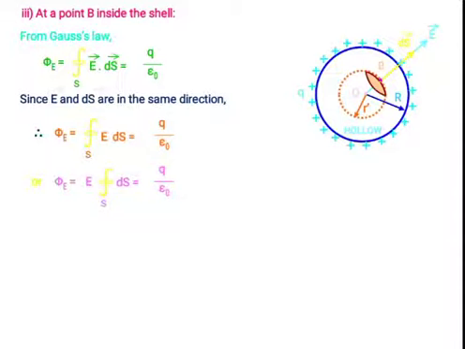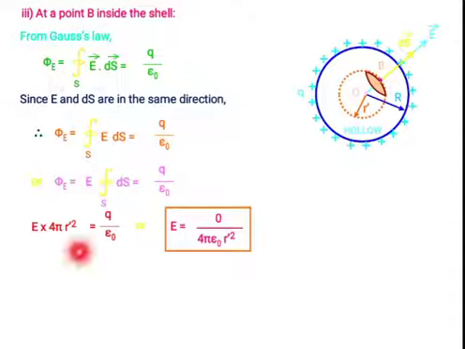Now E we take out, only ds remains, and the RHS Q by epsilon naught stays as it is. Again 4 pi r square, but carefully see, I assumed R here because the distance OB is R, that is why it is R square. For the total electric field, E is equal to 0 divided by 4 pi epsilon naught r square.